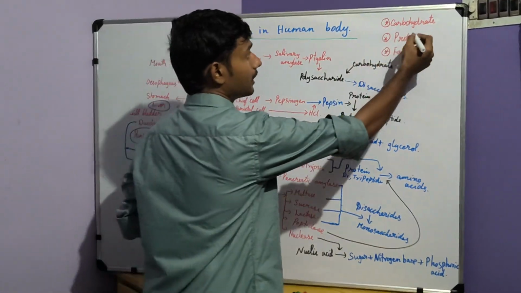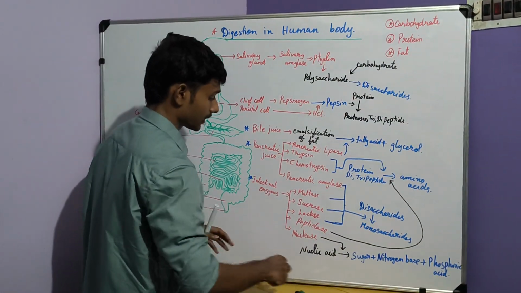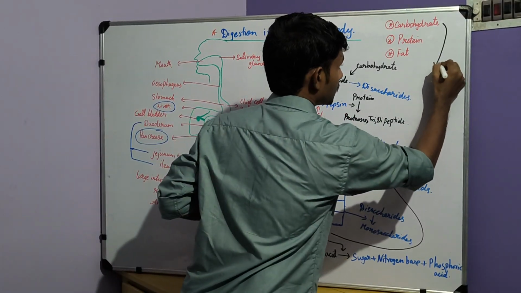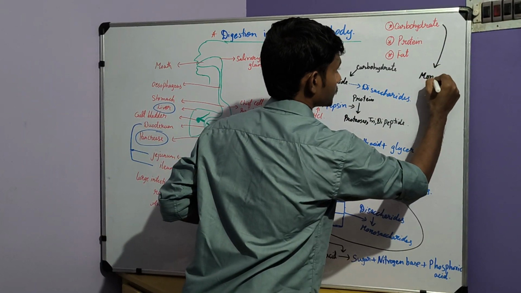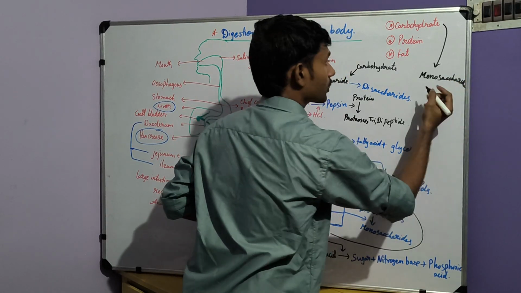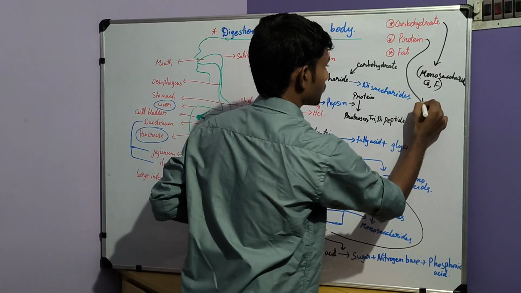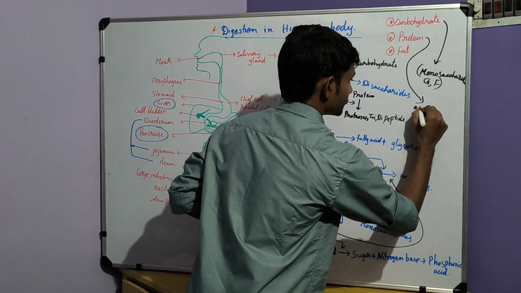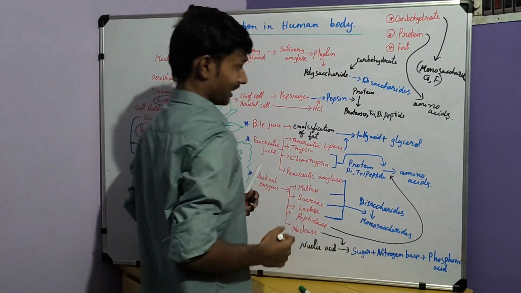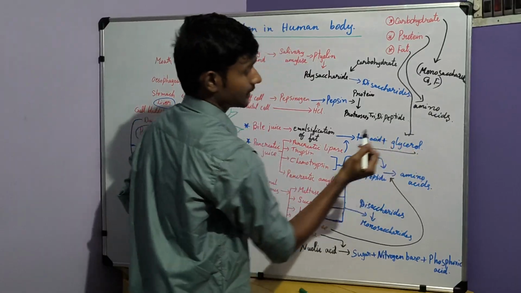The final products we get after this overall digestion process are these: carbohydrate is converted into monosaccharides like glucose and fructose, protein is converted into amino acids, and fat is converted into fatty acid and glycerol.